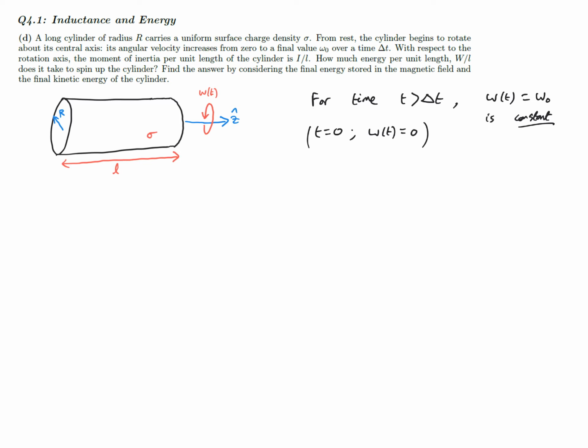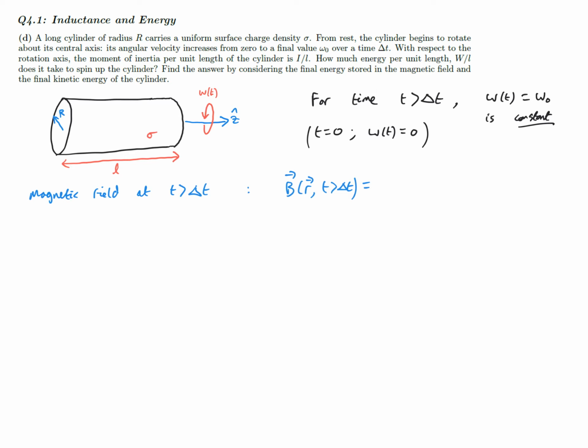So let's consider the final magnetic field of the system. We're going to consider the magnetic field after everything has reached steady state at t greater than delta t. It's B at a position R at a time t greater than delta t.